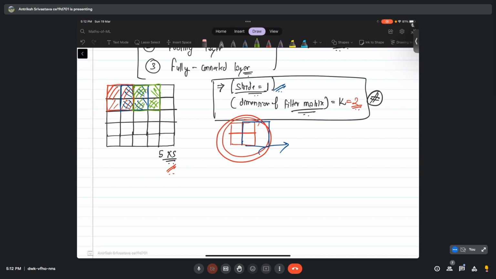If it has completed the first row, then in the next row, these 2 by 2 pixels. And when it is doing that, it is also doing some kind of mathematical operation. That's why the convolution layer is the most mathematically intensive part of this convolution neural network, with the maximum calculation.